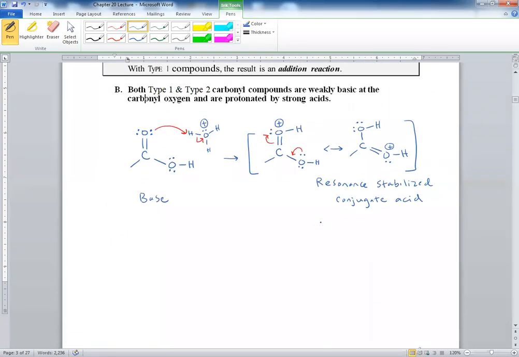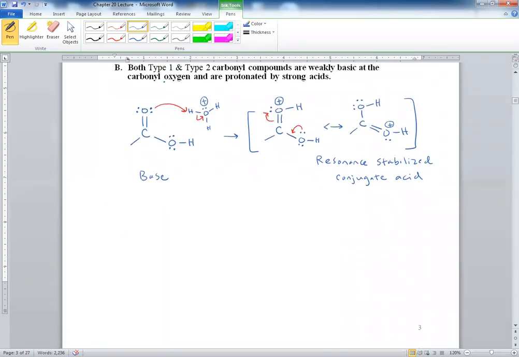So what it does is this step in the middle, we probably didn't show it, but we'll show it right here. A step in the middle will basically look like this, where you have a positive charge on the carbonyl.